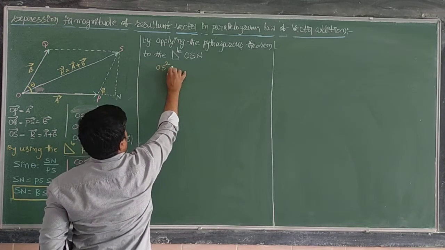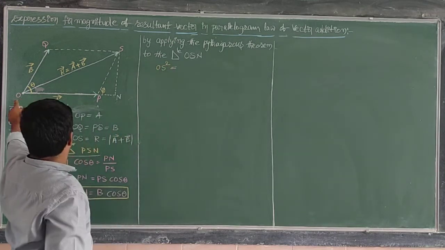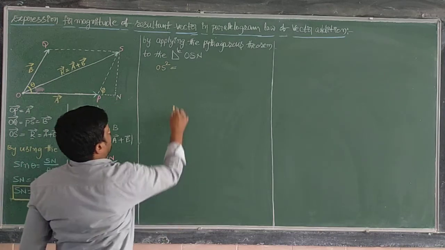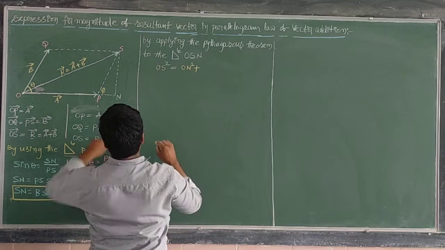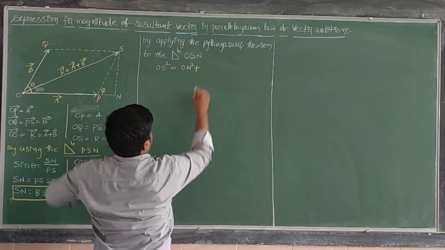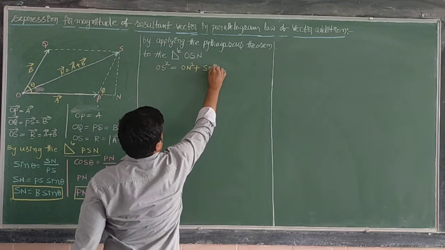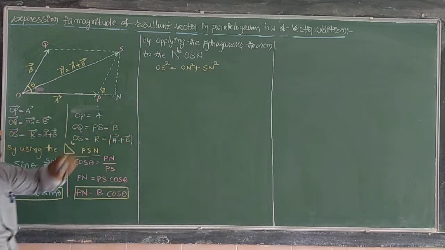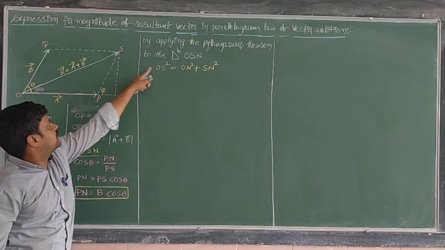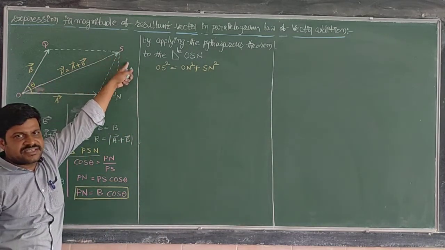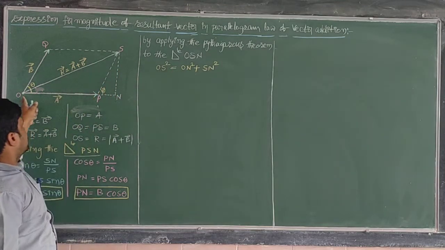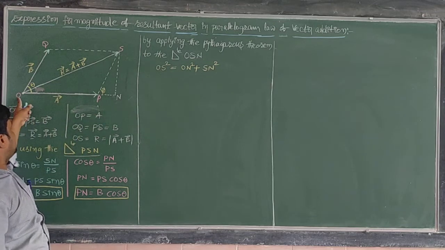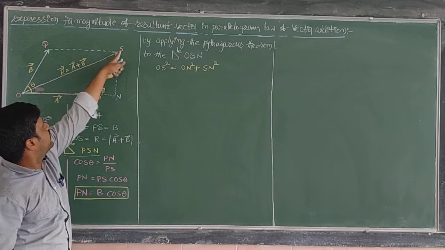OS square is equal to ON square plus SN square. Pythagoras theorem I have applied: the square on the hypotenuse is equal to the sum of the squares on the other two sides of the right angle triangle OSN.